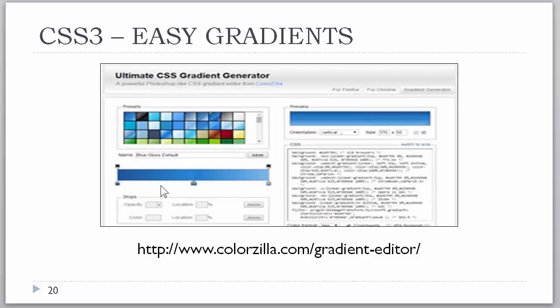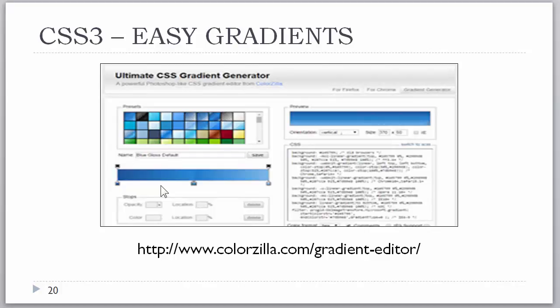And there is nothing wrong with using a very popular CSS3 gradient generator called ColorZilla, and the URL is here. It also provides backward compatibility for Internet Explorer by inserting an IE filter so that it would somehow see something there.